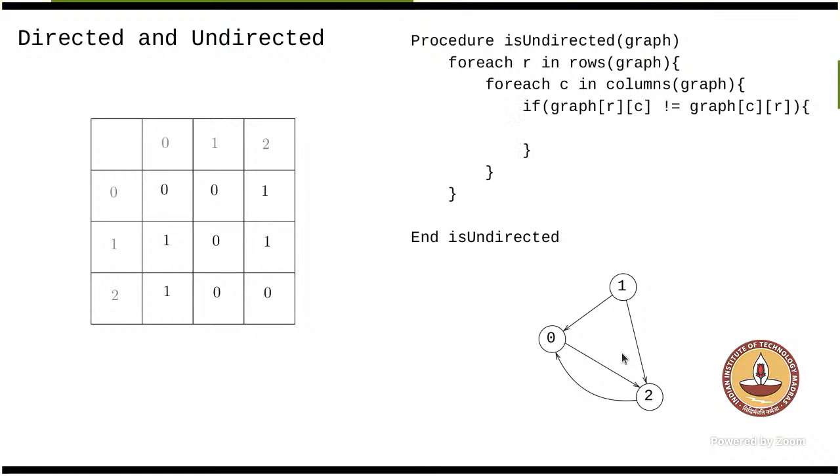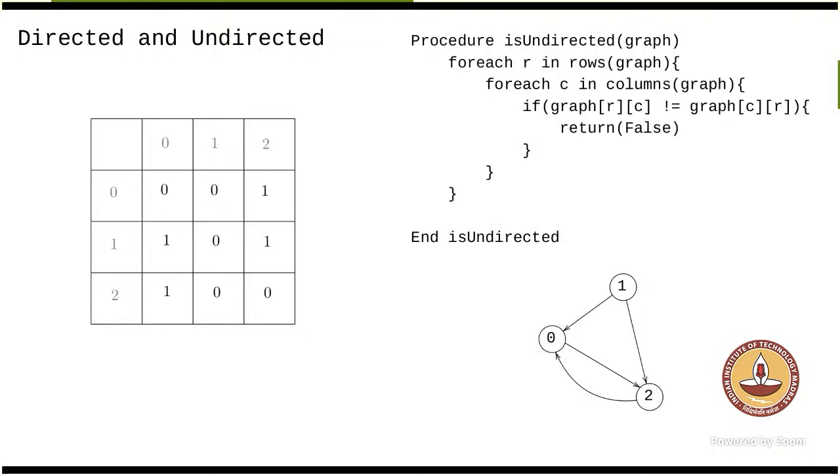If there is an edge from R to C, and there may not be a corresponding edge from C to R, then we have to return false. So there are two conditions here, right? There could be an edge from R to C, so graph RC could be one, and there may not be a corresponding edge from C to R. In that case you have to return false, right?